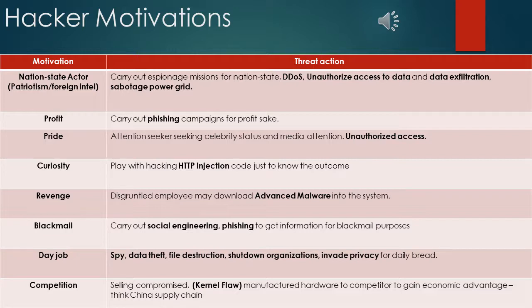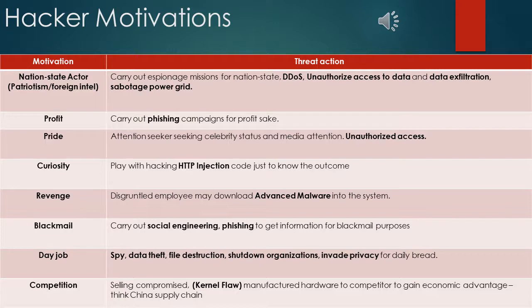The nation state actor, who is typically patriotic to his nation and a member of the foreign intelligence services of his country, may carry out espionage missions for his nation state. In this instance, working for an organization, he may install malware causing distributed denial of service attacks to occur.